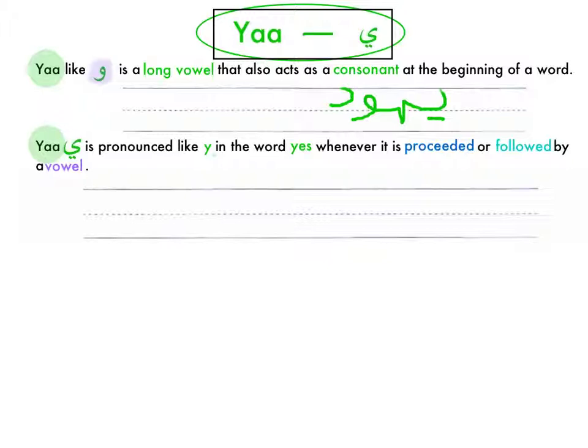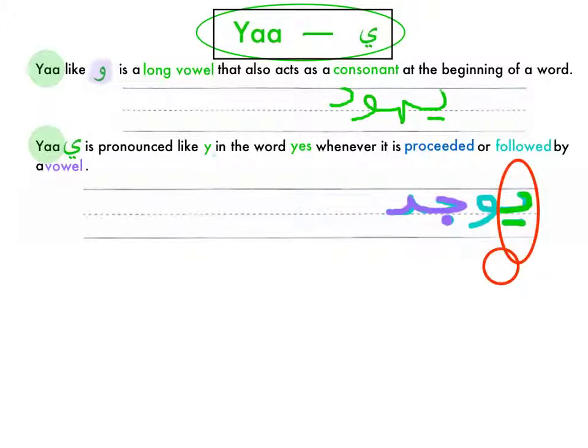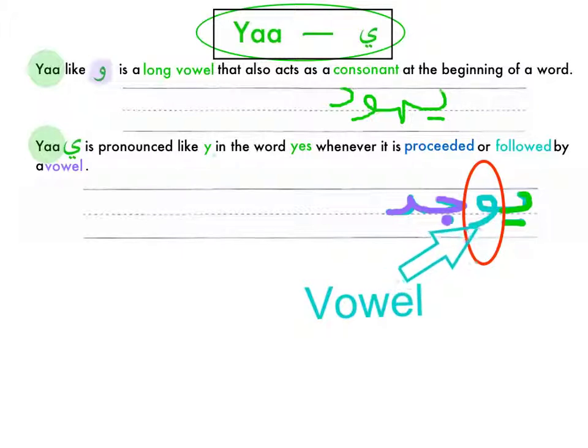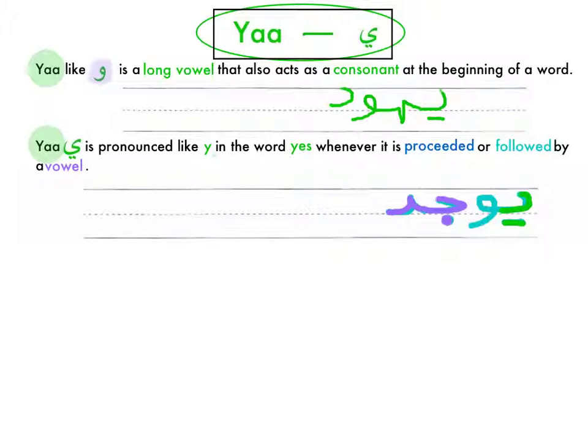The word yujad is a good example of ya followed by a vowel. Another example for ya preceded by a vowel is ayyam.